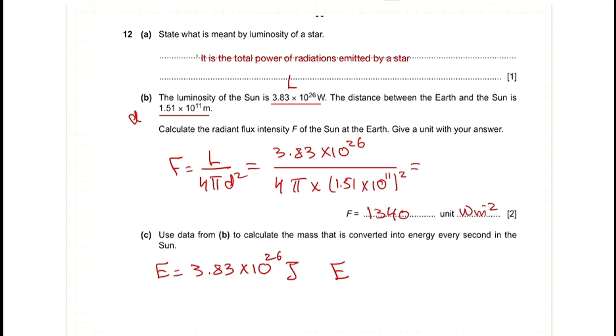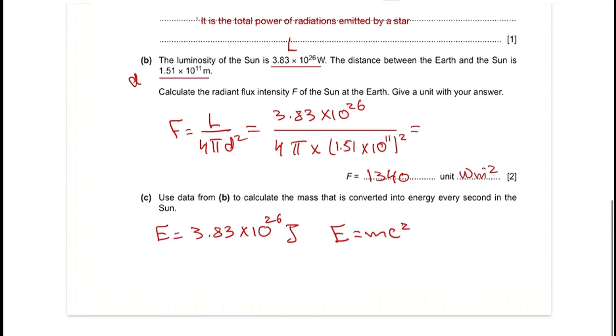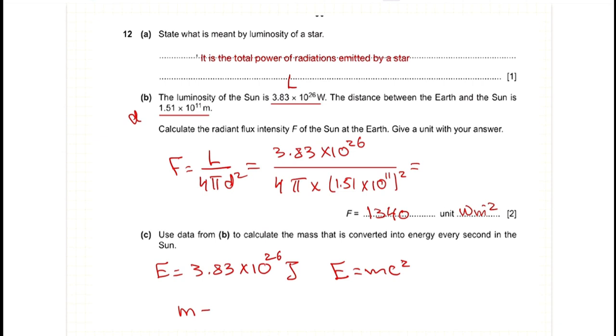From E equals mc squared, the mass converted to energy is E over c squared, where c is the speed of electromagnetic radiation propagating in space: 3.83 times 10 to the power of 26 divided by 3 times 10 to the power of 8, all squared.